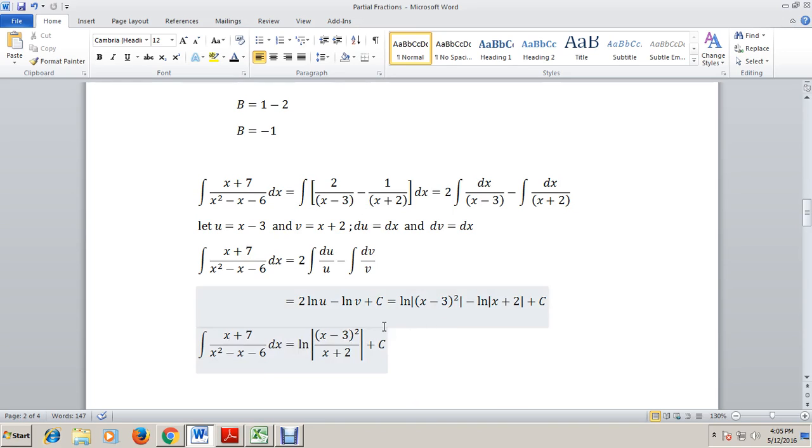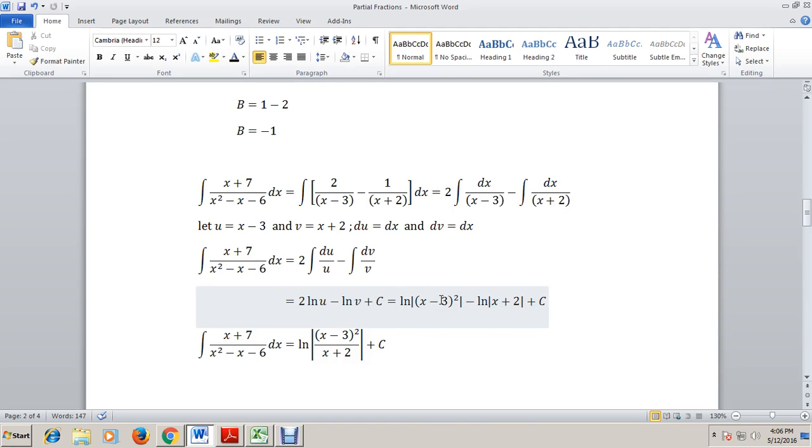Now, of course, the transition from this step up to this step is that you need to employ the properties of natural logarithms, or the properties of logarithms. Remember, 2 ln u becomes u squared, so that becomes (x minus 3) squared, minus ln of (x plus 2).